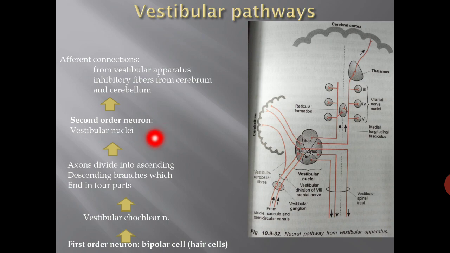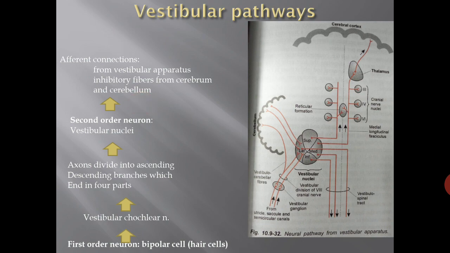In addition to the main afferent from the vestibular apparatus, the vestibular nuclei also receive inhibitory fibers from the cerebral cortex as well as from the cerebellum.